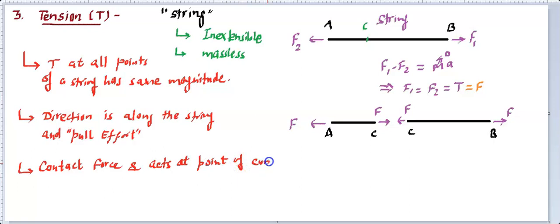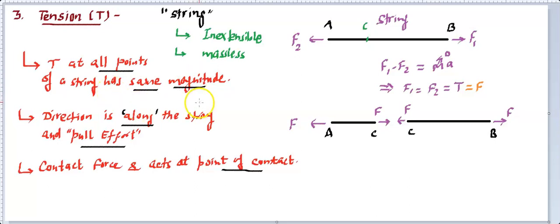So wherever this string makes contact with an object, at that point this tension force acts. It does not act at any other point, it acts only at the point of contact, and it's a pull effort, it's along the string, that's an important term, and its value is the same for all the points, same in magnitude. So these are the critical theoretical points that you need to keep in mind.